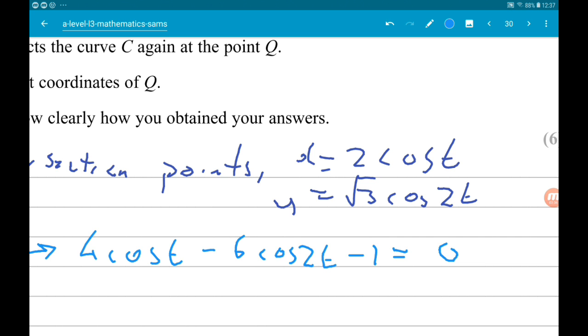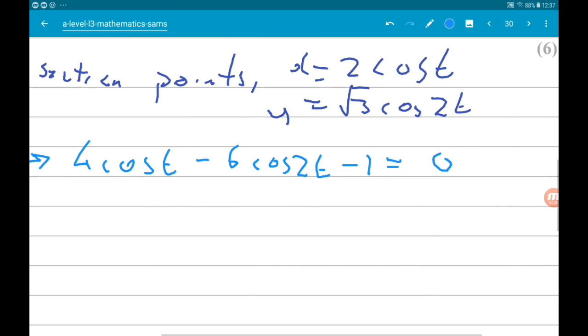Okay, so we need to get rid of the cos of 2t. Now, cos of 2t is cos squared minus sine squared.